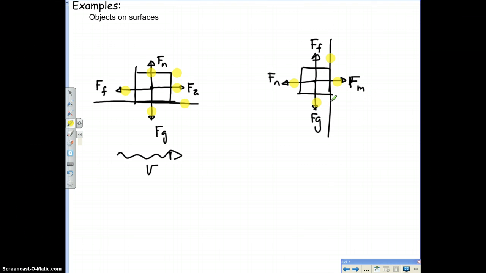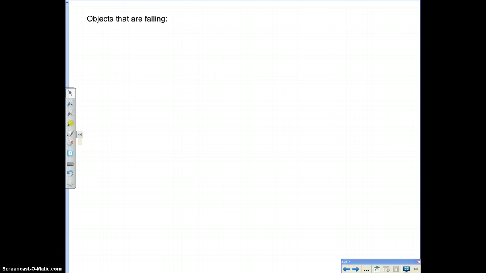It's always acting down, and it's always the first force you're going to draw. And then there may be friction acting to oppose the motion of an object. So here you can see this object we're saying is moving. A squiggly line means that the object is moving, with a V for velocity. This one doesn't have that, so this object is not moving. Okay, so that's how you do objects on surfaces. What about objects that are falling?